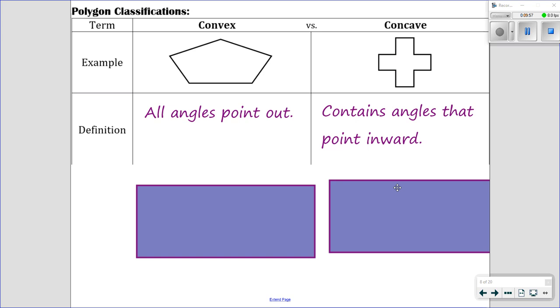So everything's pointed out like a porcupine. Concave, you hear the word cave. You go inside the cave. So you're going inside. Notice how this is caved in. As soon as you have a shape where something caves in, something's pointed inward, it's concave. If all the angles are sticking out like this, it's convex.